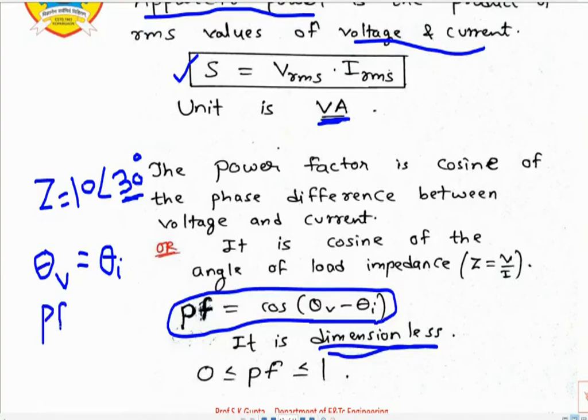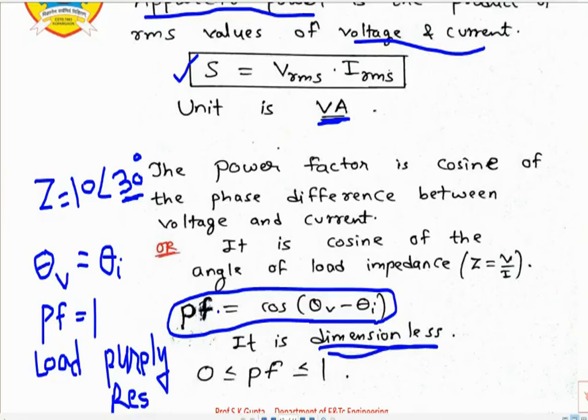And whenever the power factor value is 1, that means the voltage angle and current angle are same, then in that case your load is purely resistive in nature.